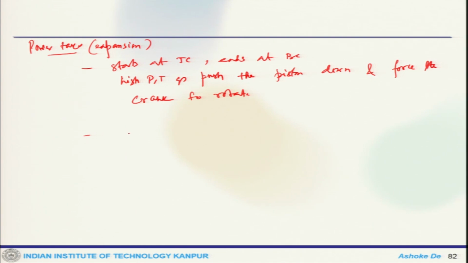Now, as the piston approaches towards BC, the exhaust valve opens, okay, and then the cylinder pressure drops down to close to the exhaust pressure.